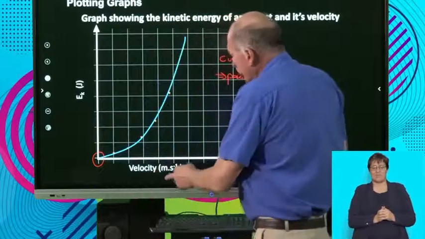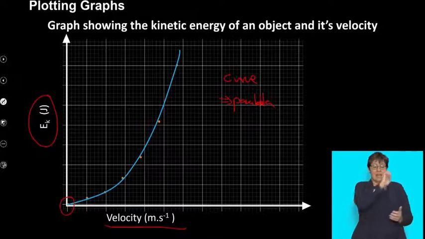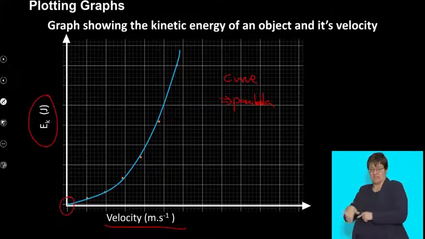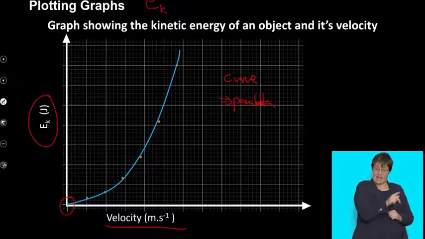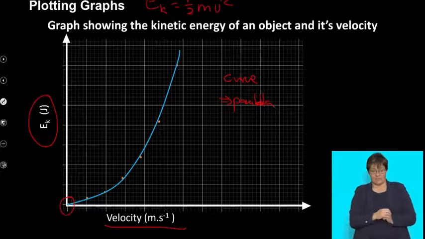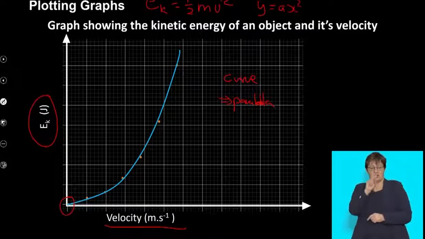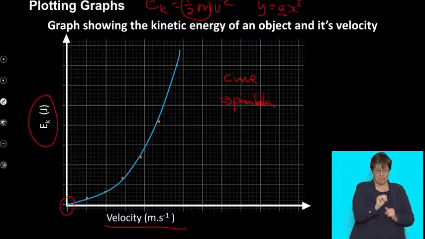Now, it's a graph of kinetic energy against velocity. You should know that kinetic energy is equal to half the mass times the velocity squared. If you look at that, you'll see that it's really in the form of y equals ax squared, where this half m is equivalent to the a.